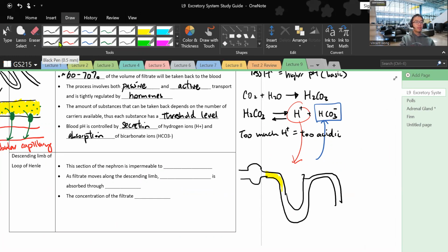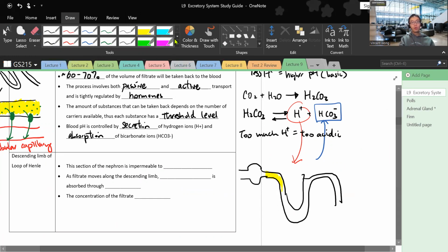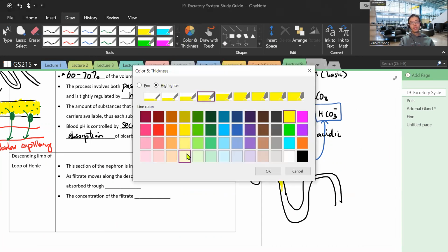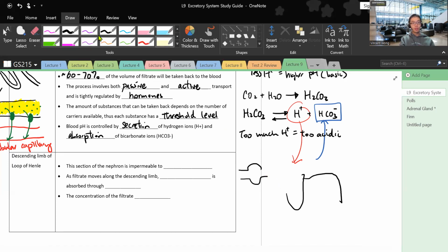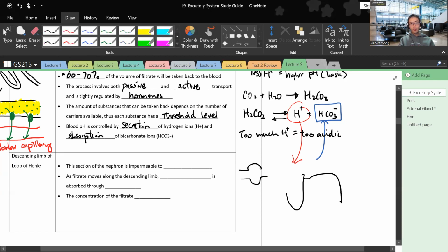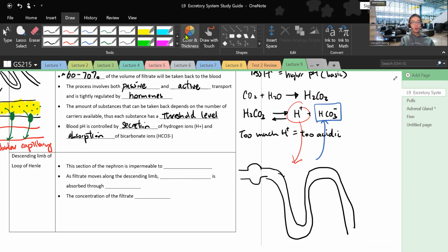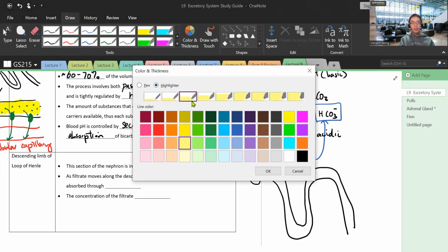And so what happens is on the way down, we are going to absorb water. Okay, let me try to use a different color here. Oh my goodness, I just erased the whole thing. I'm just going to use a different color here to help you see what I mean. So on the way down, we will be absorbing water.